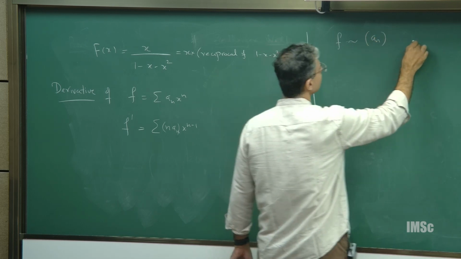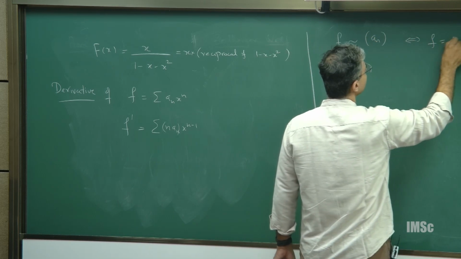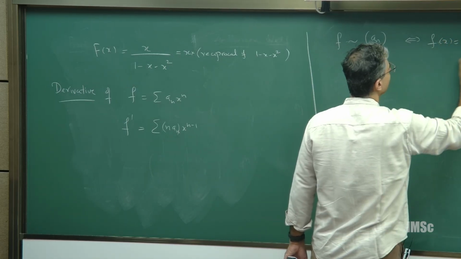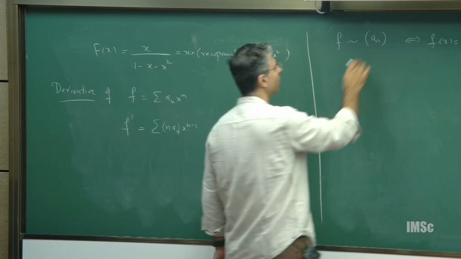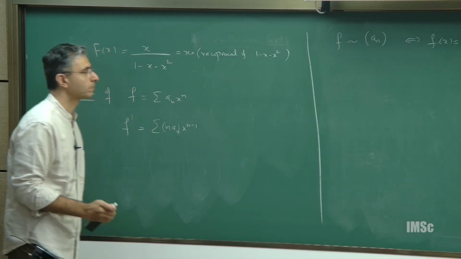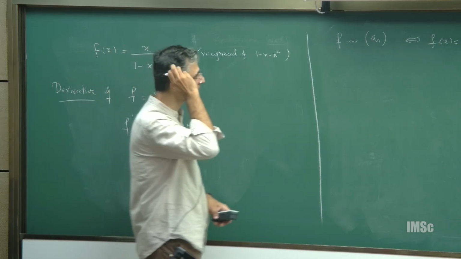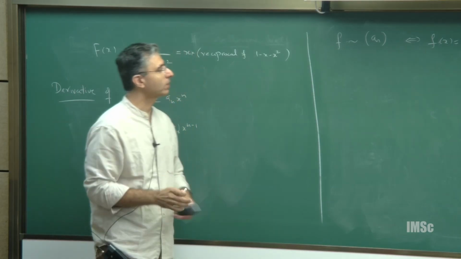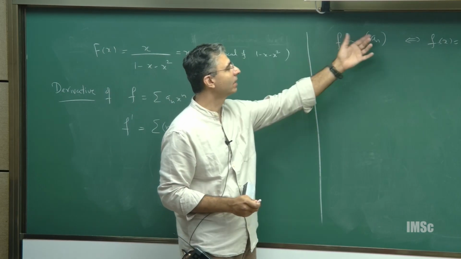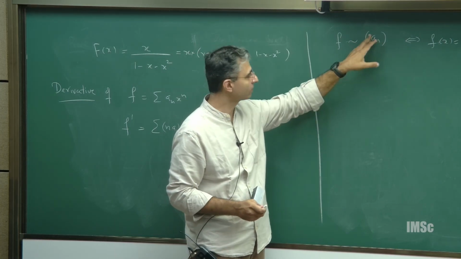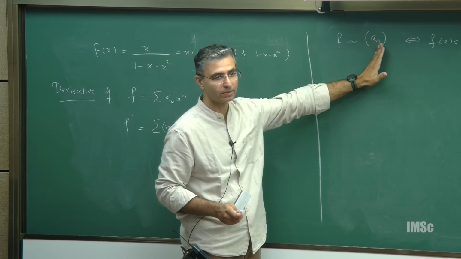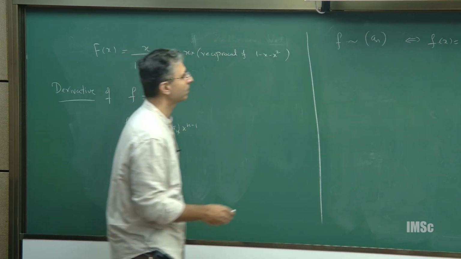What does this mean? f of x is the sum of a n x to the n, this formal power series. So, f is the formal power series associated with this sequence. Now, is there a way to manipulate the formal power series so that we get the formal power series for some sequence that we are interested in, which depends upon the right side?